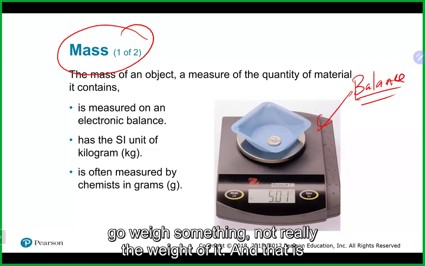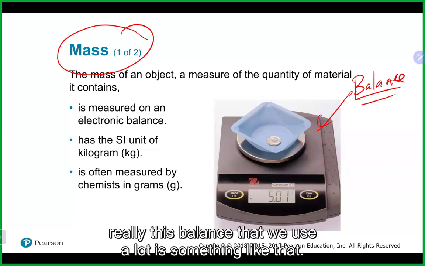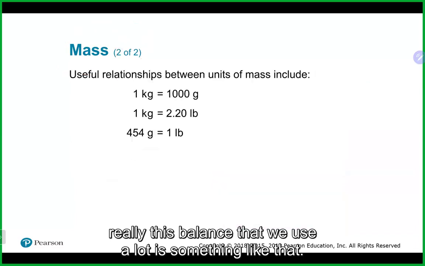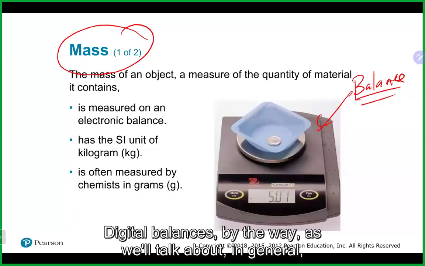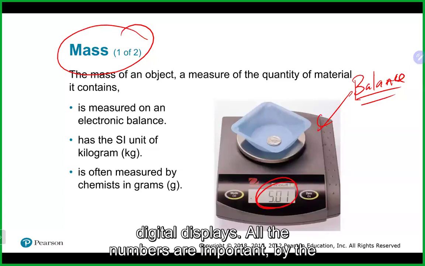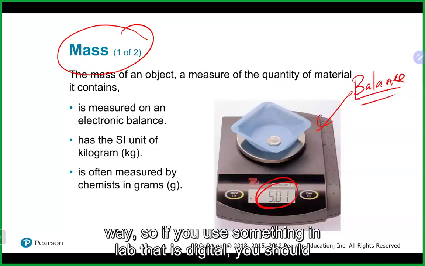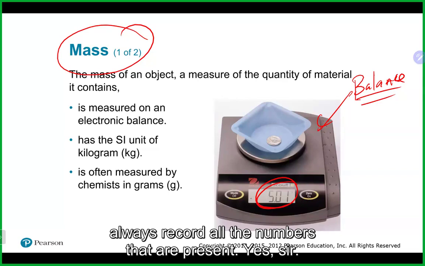And that is really this balance that we use a lot. Digital balances, by the way, as we'll talk about in general, digital displays, all the numbers are important. So if you use something in lab that is digital, you should always record all the numbers that are present. Yes, sir.